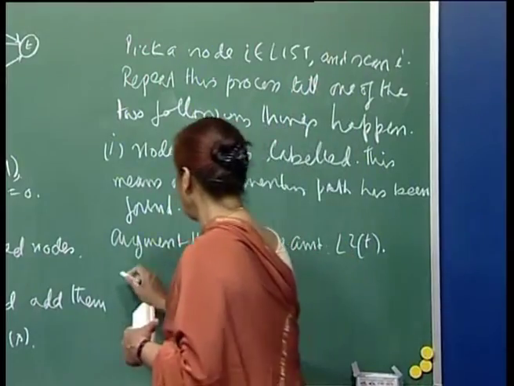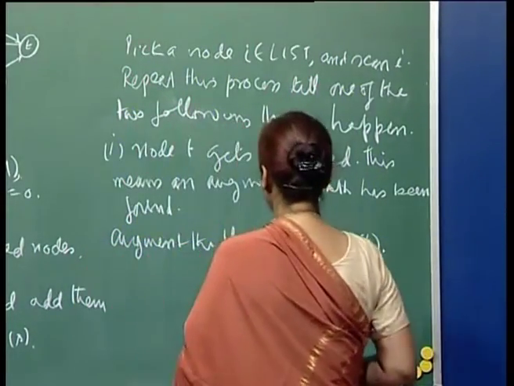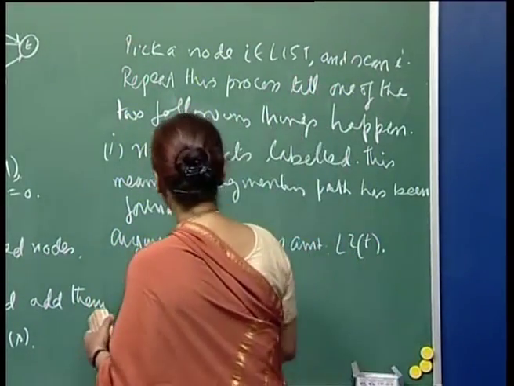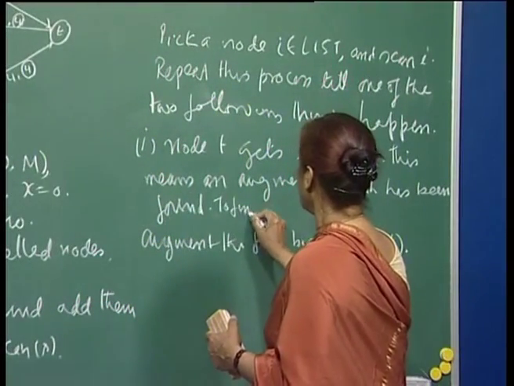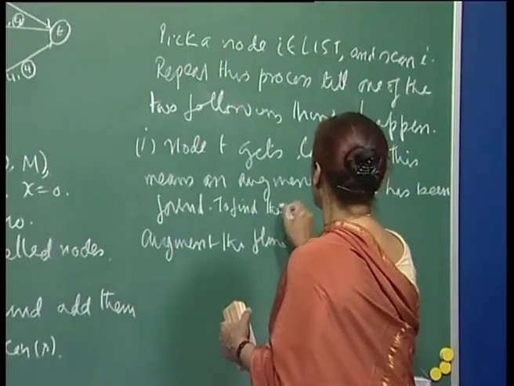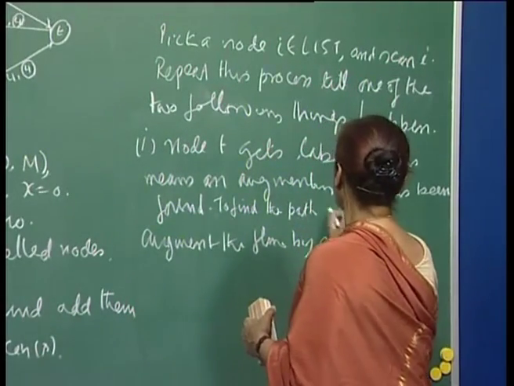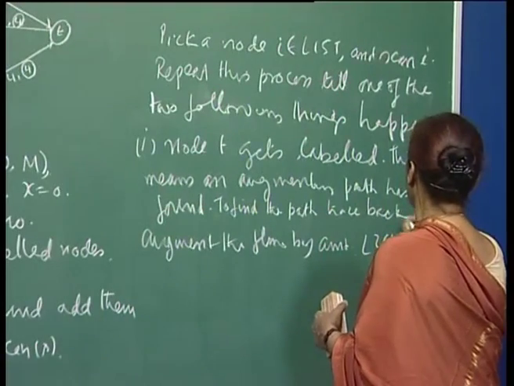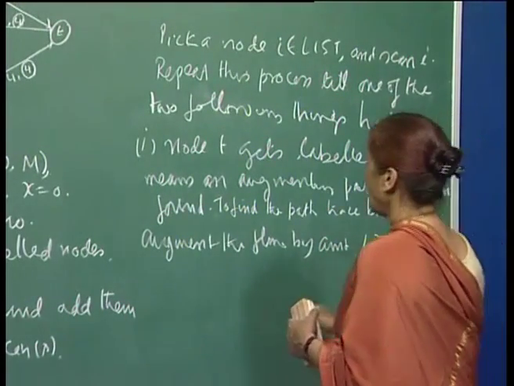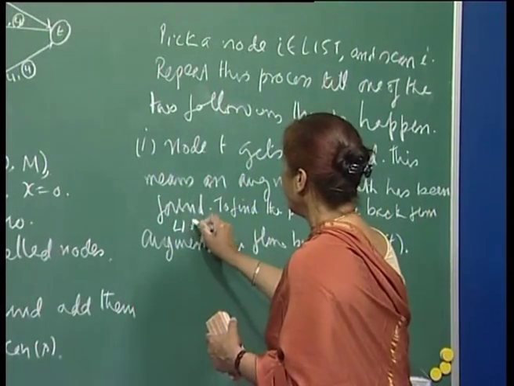An augmenting path has been found, and how do you find the path? Trace back from L1T.